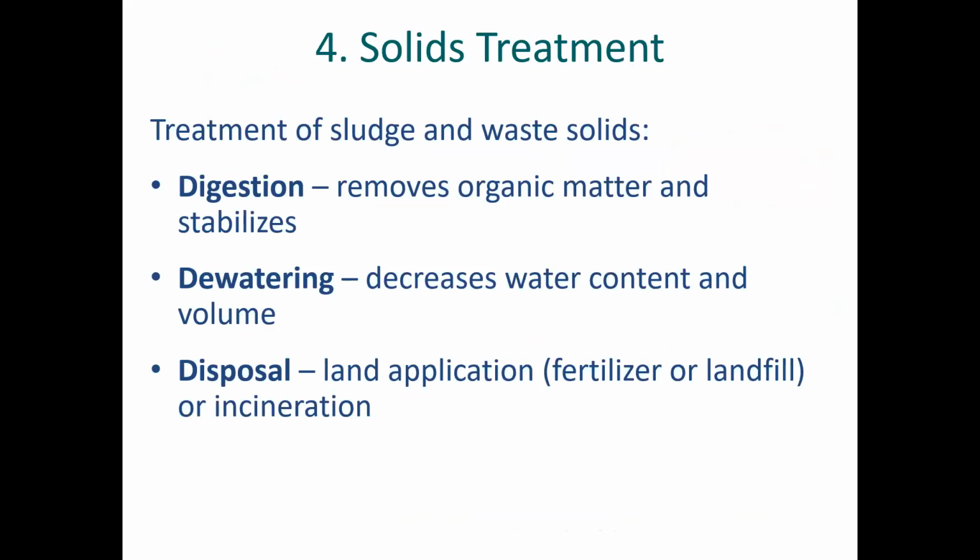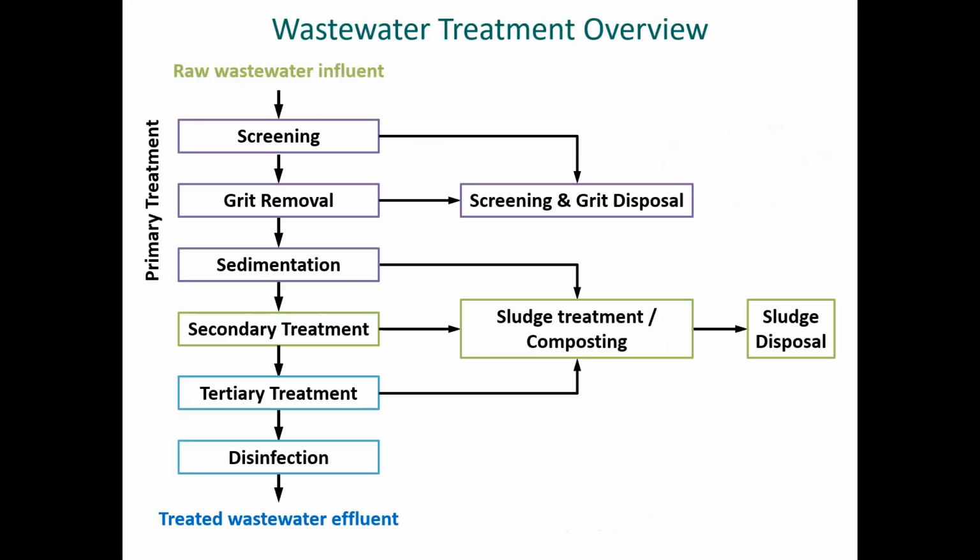So let's talk more about wastewater treatment. Just going back to this slide here, we had gone through a lot of these processes, and you can see that we've mostly talked about primary, secondary, and tertiary. Primary is screening and some initial settling and grit removal.